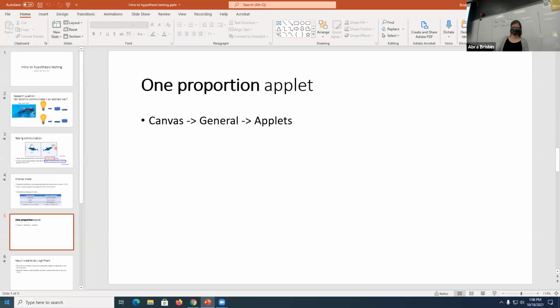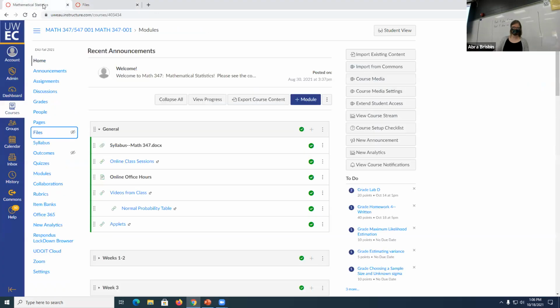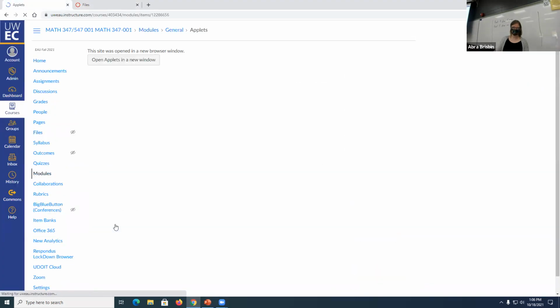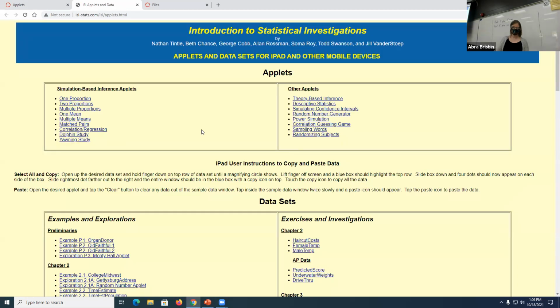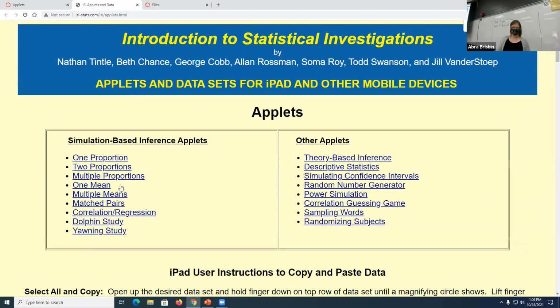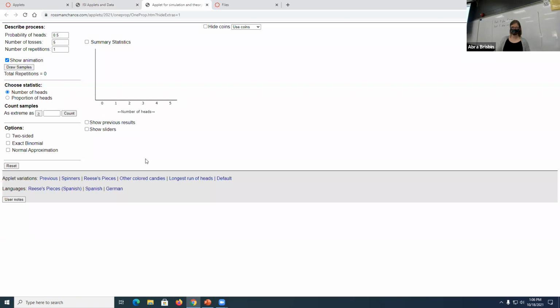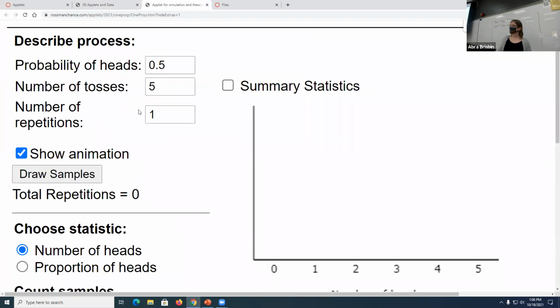We're going to do this using the one proportion applet that is available on Canvas. We're going to leave the probability of heads as 0.5 because that's our chance model that Buzz is just randomly guessing between the two buttons. We'll change it to 16 coin tosses.